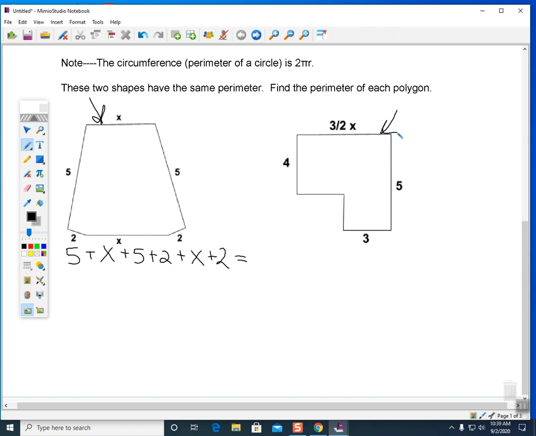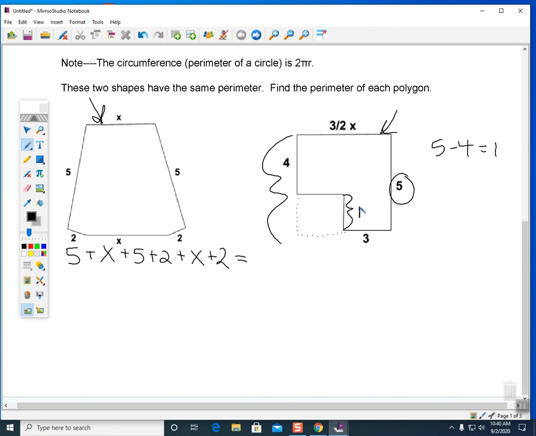Okay, this one's a little trickier, right? Because I have two unknown sides here. My first one's going to be pretty easy to find, so I'm going to look at this side right here. If this were a rectangle, this side and this side would be the same, right? So that tells me that this inside part is just going to be 5 minus 4, which is just going to give me 1, right? So this inside one is just 1.